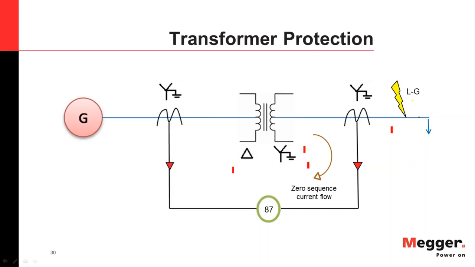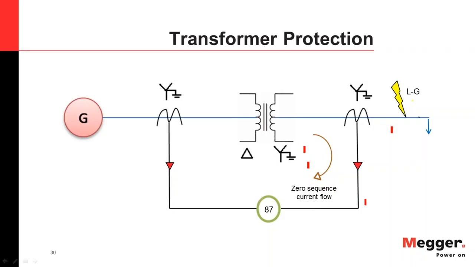So there is no flow of zero sequence current in this circuit. But in this circuit, I have a solidly grounded Y in both my transformer secondary and my CT. So with this, I can have a zero sequence current flowing in my secondary loop. So there is no current here, but there is current here, which means there might be a differential current that could trip the transformer.